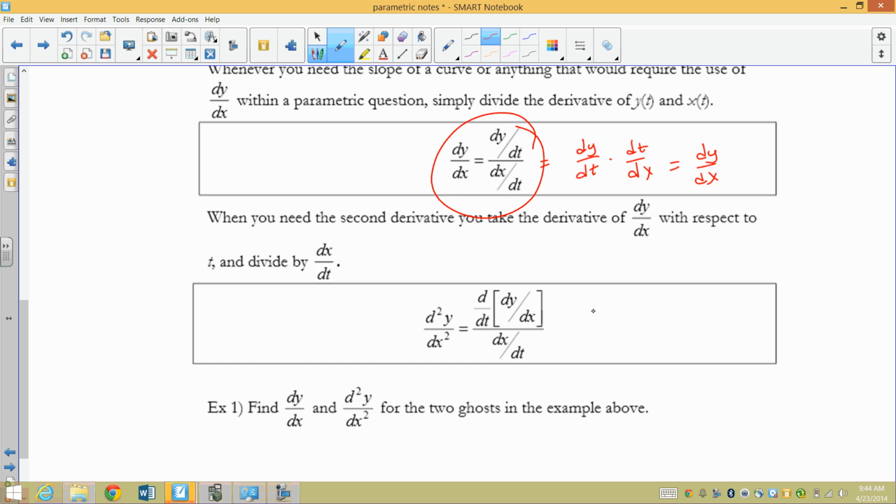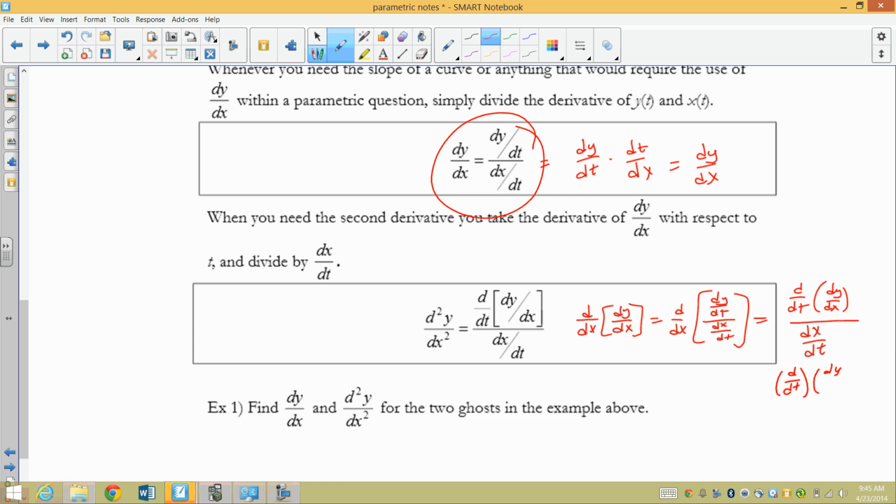But basically what happens here is d2y over dx squared is d/dx of dy/dx. And if I want d/dx of dy/dx, I really want d/dx of dy/dt over dx/dt, which I can write as d/dt of dy/dx over dx/dt, because if I keep switch flip again, and I know it's weird, d/dt of dy/dx, keep switch flip, dt/dx.